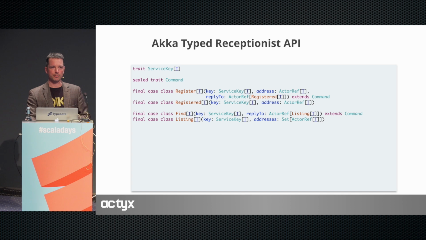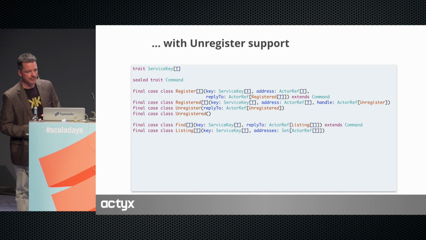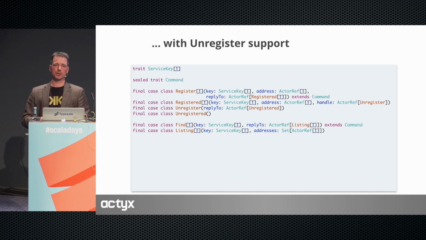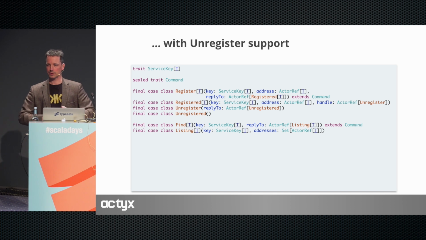We can even push that further with something that is not yet in the API, but maybe should be there. So if the registered had another handle in there, which is an ActorRef for unregister commands, then we could later, when this actor stops serving this kind of request for some reason, send the unregister to the receptionist and then get back an unregistered later.